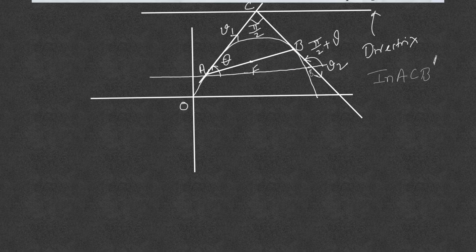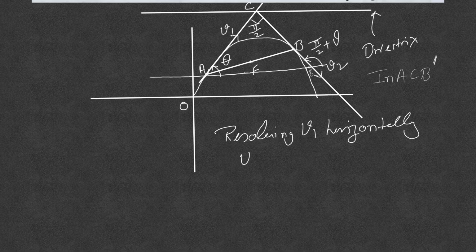So resolving v1 horizontally, we will get v1 cos theta, and that horizontal component is given to be u. This is u.